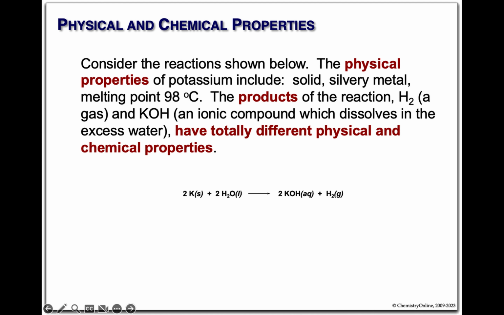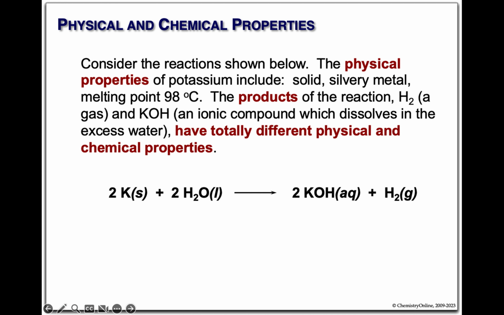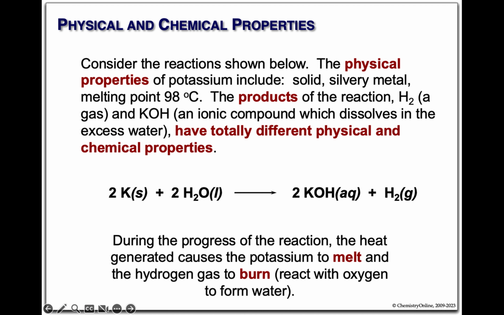Here's a reaction. K is potassium, we all know that. This is two hydrogens bonded to oxygen, that's water. This is potassium hydroxide, OH, and this is hydrogen gas. The little S stands for solid.